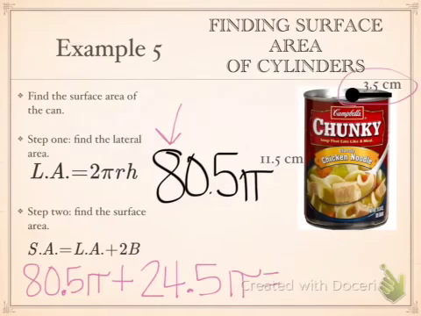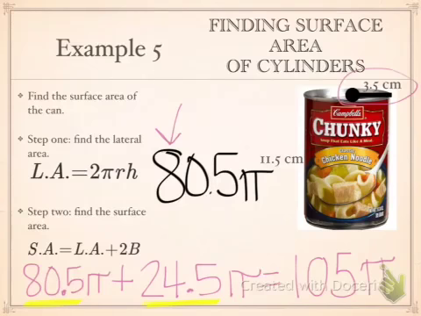So let's combine 80.5 pi plus 24.5 pi. So 80.5 plus 24.5 is going to give us 105. And that's not just 105, it's 105 pi. If you've noticed, keeping things in terms of pi has made it a little bit simpler. At this point, I've solved for the final answer. The exact answer is 105 pi.